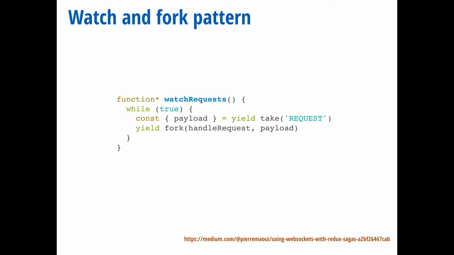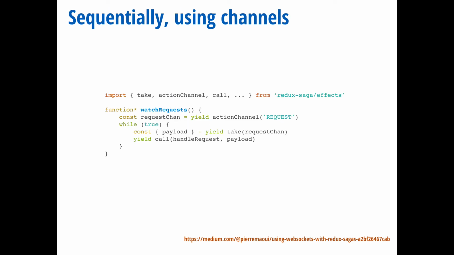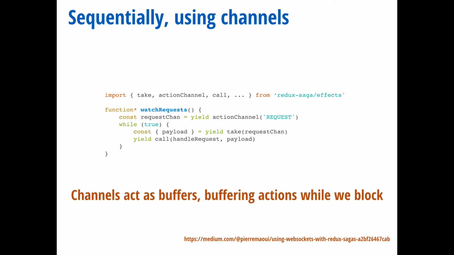But you can also do things sequentially using an action channel. An action channel is kind of a buffer that will buffer this action, in this case, request. So we can take from this action channel, this request channel, we wait until there's something in there, and then we can call a request, blocking. So only one of these 100 requests will run at the same time because it's blocking.